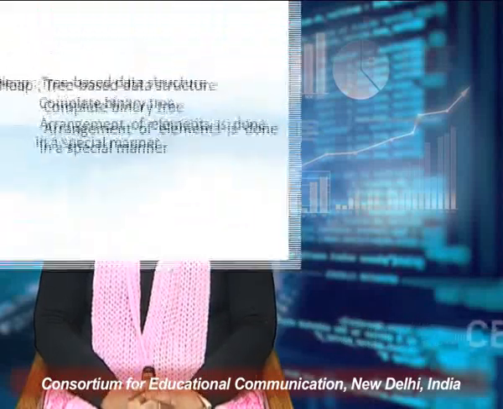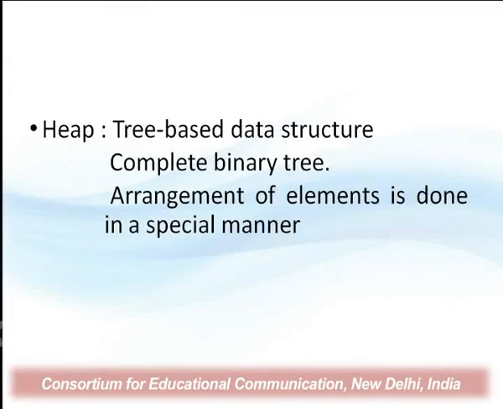So coming to the original idea of heap, heap is basically a tree based data structure, and it should be a complete binary tree. That means in a particular level you cannot go to the level i plus 1 unless your ith level is full. You cannot go to the right child unless your left child is completely filled.